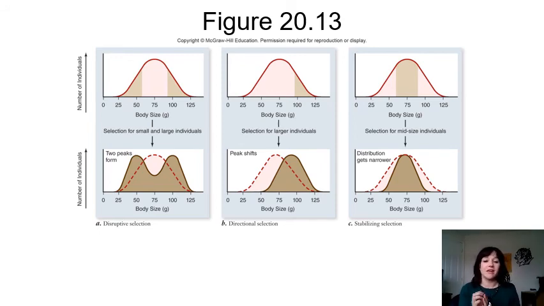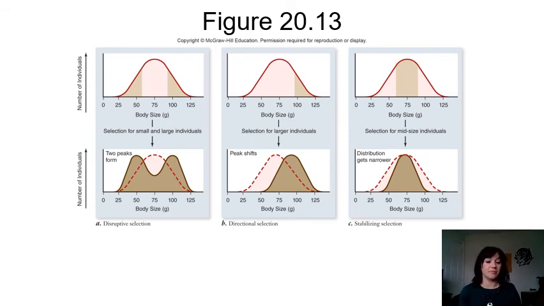So in that case, having a larger size is more beneficial, and so that average body size over time is going to shift, in this case to larger. So if the average is changing over time, becoming greater or smaller, this is directional selection.